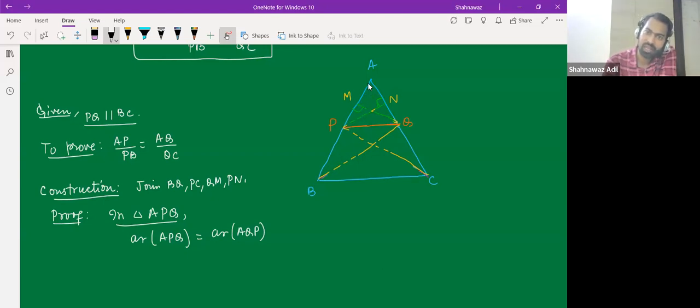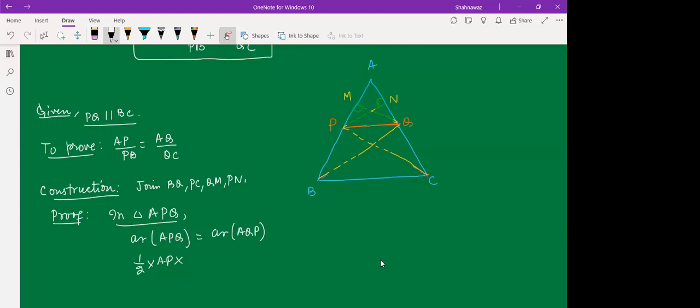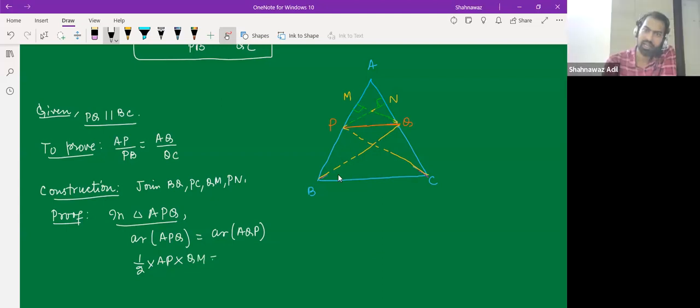Okay. Now, so then what will I have? For triangle APQ, if I choose AP as my base, then area is half base into height, altitude. Altitude is how much? QM. Yes. Good. And if I choose AQ as base, so what is my height?